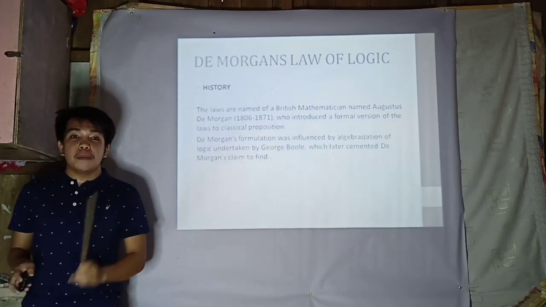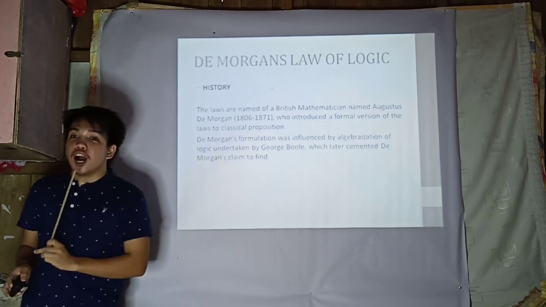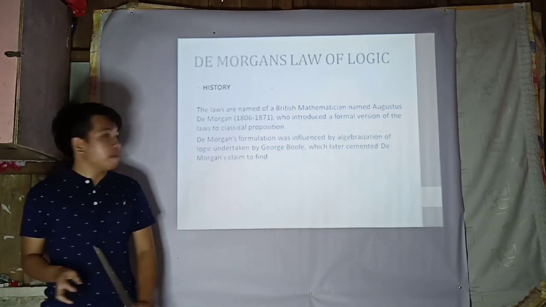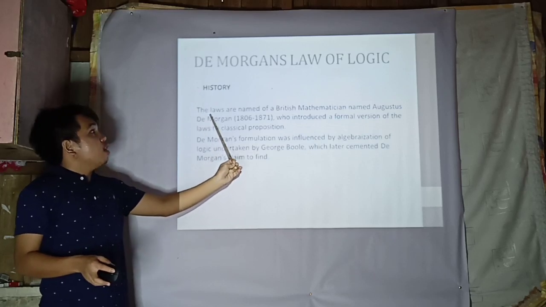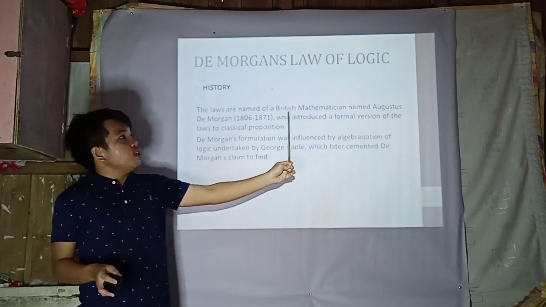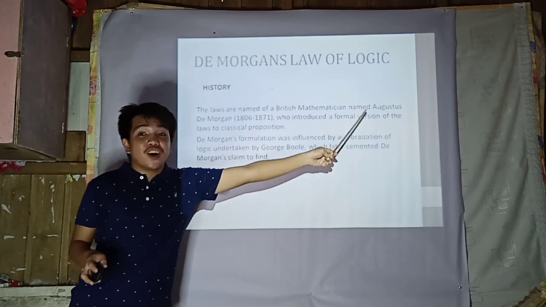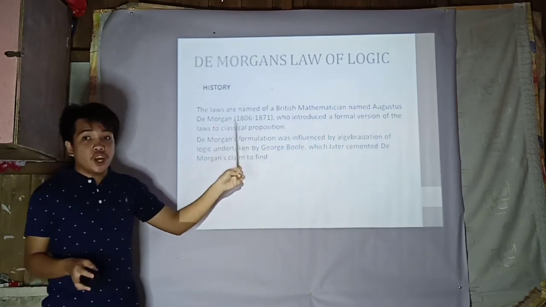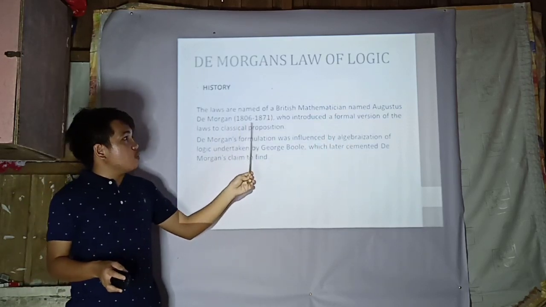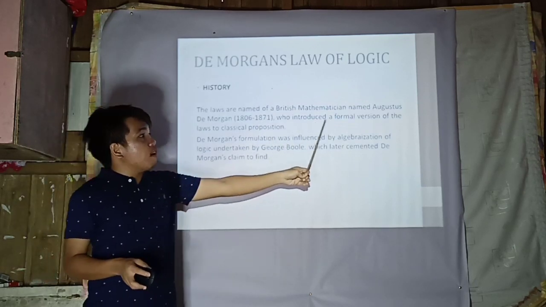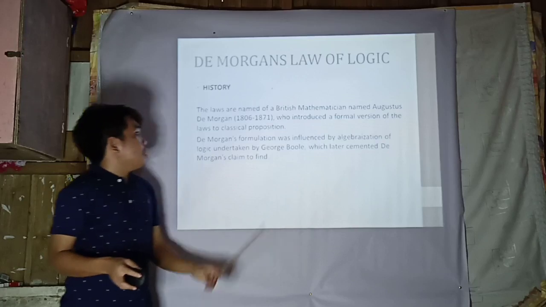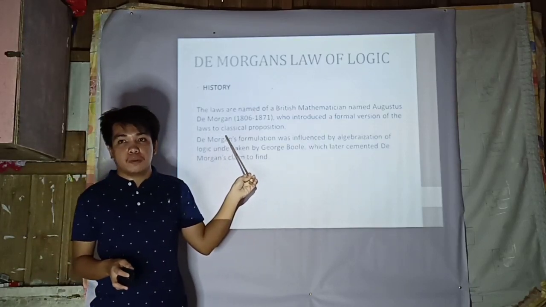First, we must know the history of De Morgan's Law of Logic. Okay, let us read. The laws are named after a British mathematician named Augustus De Morgan, 1806 to 1871, who introduced a formal version of the laws to classical propositions.